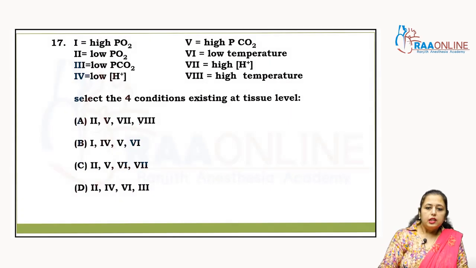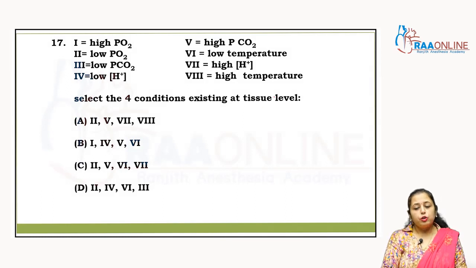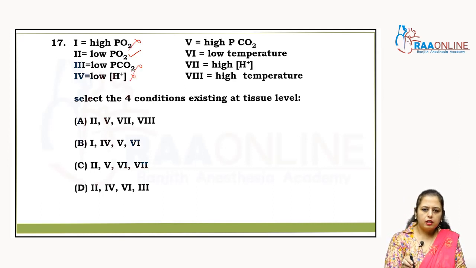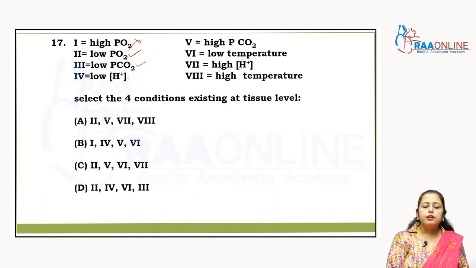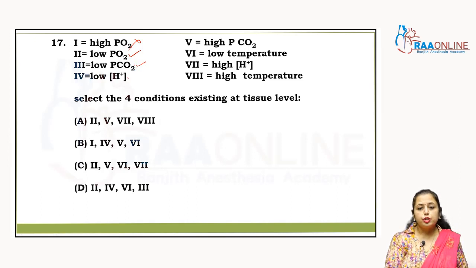And when we talk about the tissue level, again, at tissue level, is the partial pressure of oxygen low? Low, exactly. If the partial pressure of oxygen is low, then is the partial pressure of carbon dioxide low? No. At tissue level, it increases, so it is cancelled.